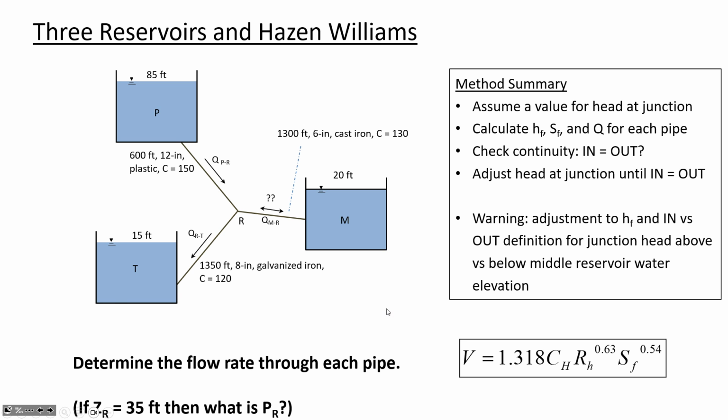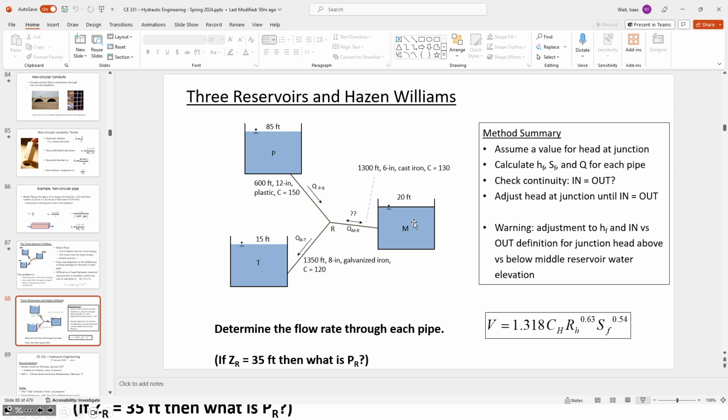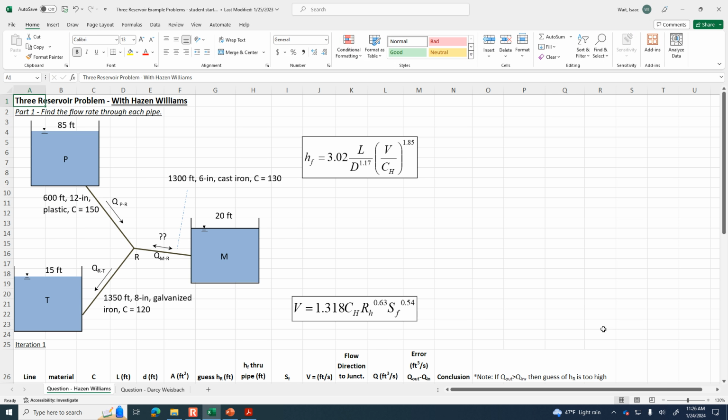So that's the warning here. Sometimes the continuity relationship, the formula that says the flow in equals the flow out, changes. You have to be careful if you've crossed that threshold where the head at R is equal to the head at M. All right. So here's our template file.